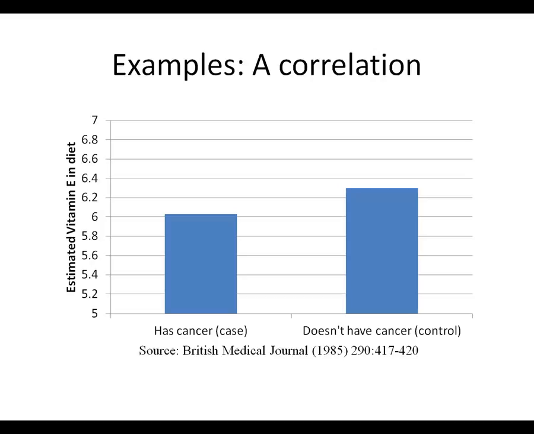And what they saw was that those people who had cancer had lower vitamin E levels 10 years before than those who didn't. So just as you might think with lemons affecting highway fatalities, there is the impression that relatively high levels of vitamin E in the diet is preventing cancer.